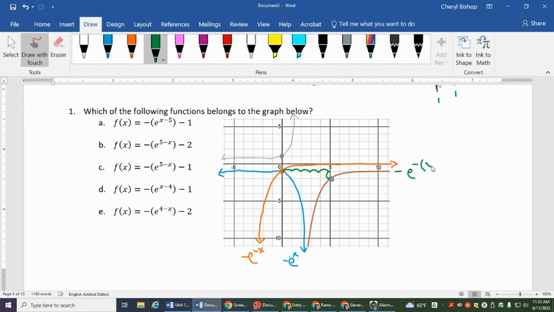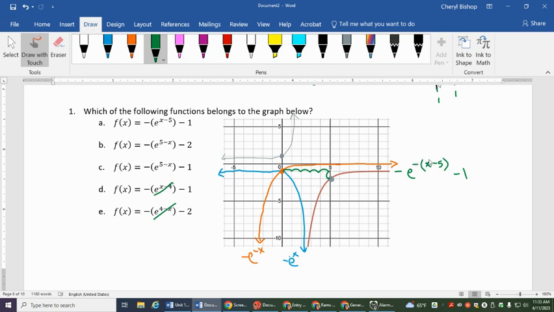So that means my negative e to the negative x has moved 5 to the right. So that's going to be x what? Minus 5. And then I've moved down 1, so outside that's going to be minus 1. Now I don't have any exponents that look like negative times an x minus 5, right? None of them have negatives being multiplied on the outside of them. I know it's not these with the 4s.